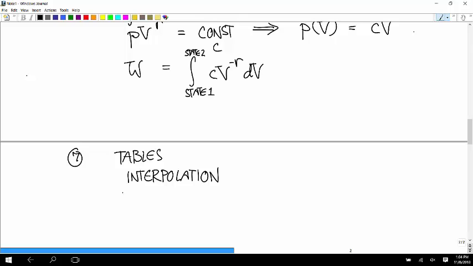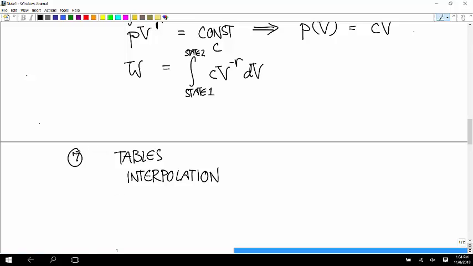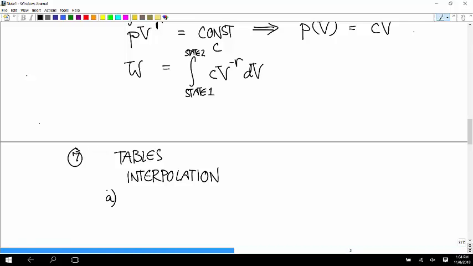There were 2 types of interpolation we had to do. The first one was 1D interpolation.